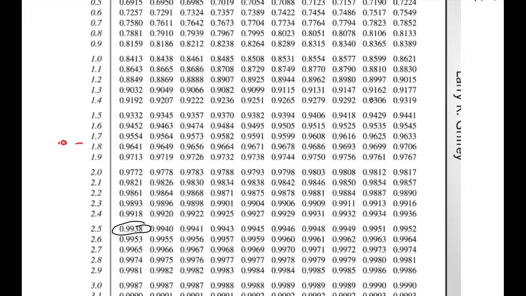Well, this one's really close, 0.9599. In fact, that's probably as close as you're going to get. That's 0.9608. 0.9599 is closer than 0.9608. So I'm going to use 1.75.